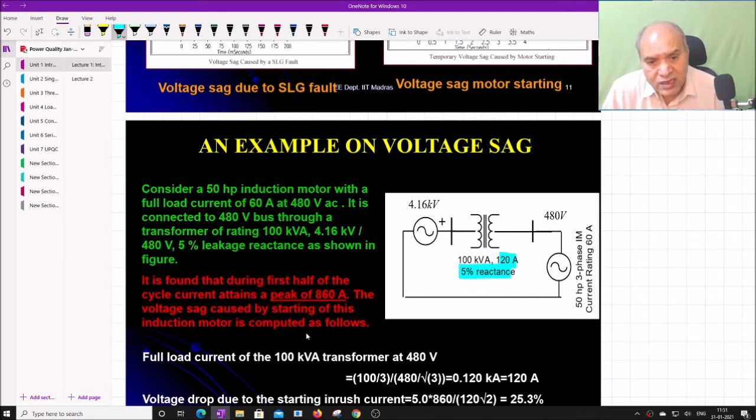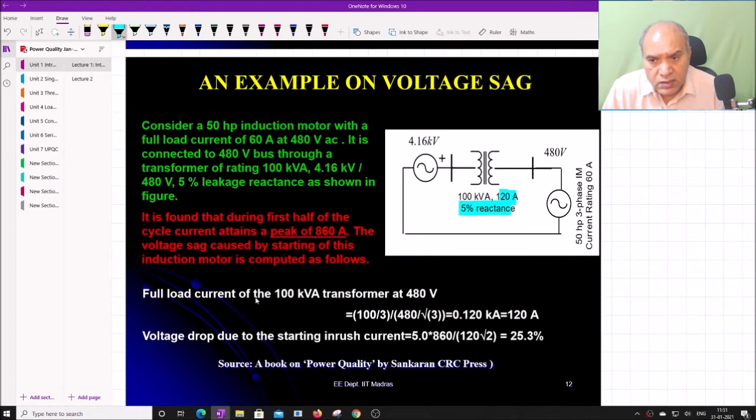Now initially the current is 860 amps, while the rated value of current is 120 amps, so the initial current is almost 7 times the rated value. This will cause a drop because of the 5% reactance here.